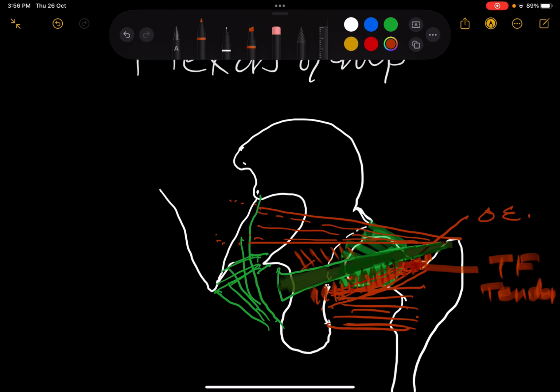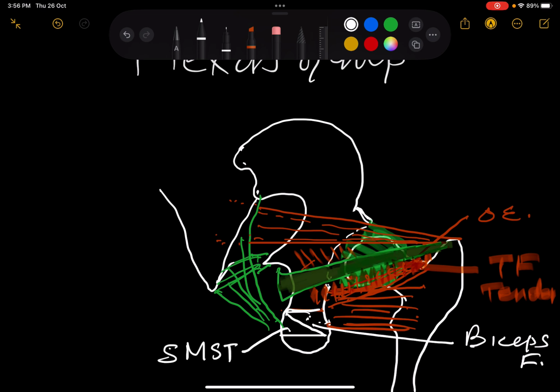Now you have the ischial tuberosity. The ischial tuberosity is divided into a quadrangular portion posterior and a triangular portion anterior. The quadrangular portion is divided by a diagonal line into an upper lateral and a lower medial. From the upper lateral arises the biceps femoris long head, and from this lower medial arises the semimembranosus and semitendinosus.